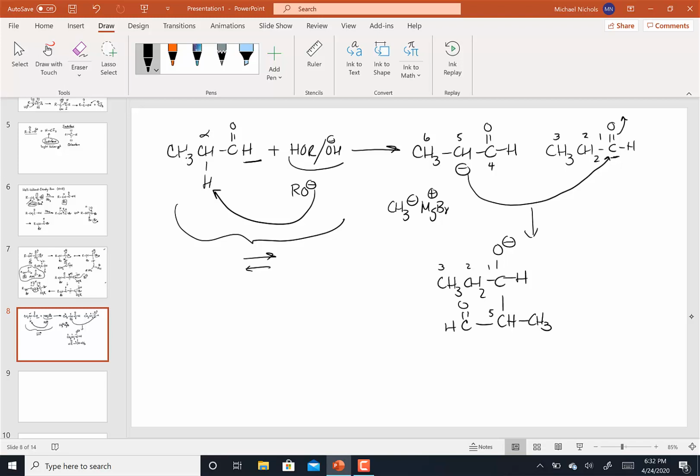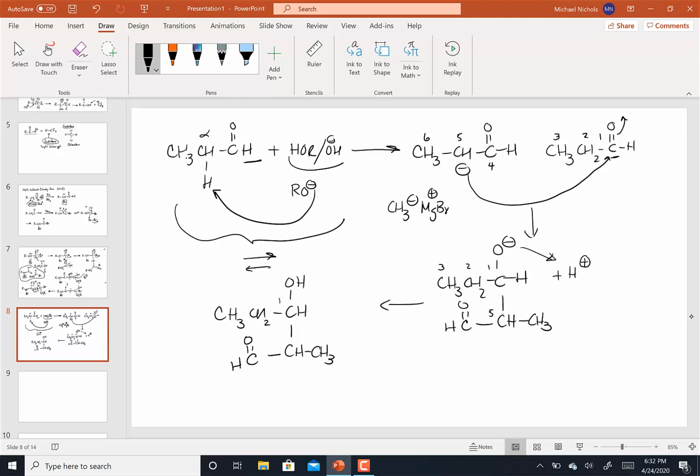So I will end up making that alkoxide, and that alkoxide will pick up a proton from the solvent, so that initially what I will make looks like this. And I'm going to rewrite it all in one line.